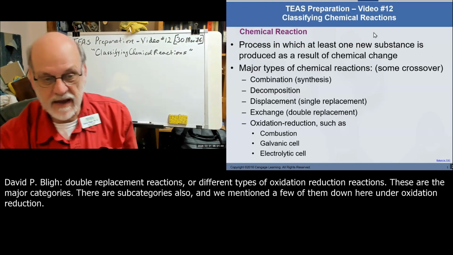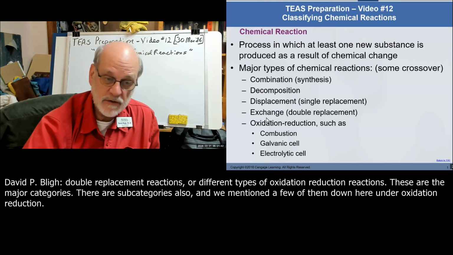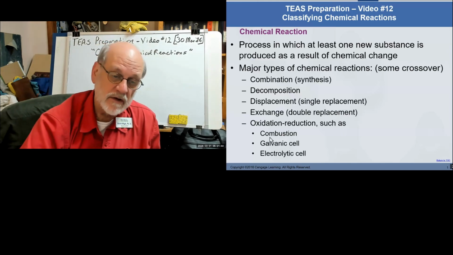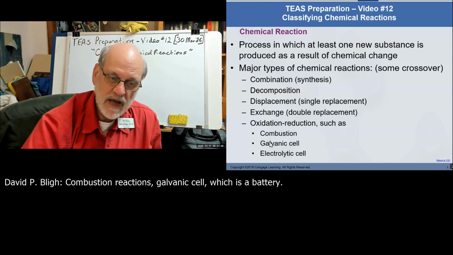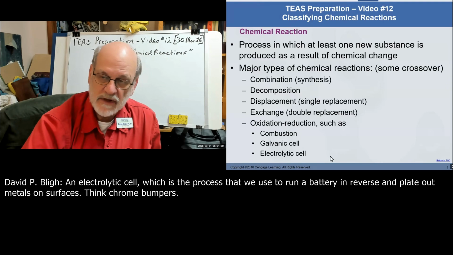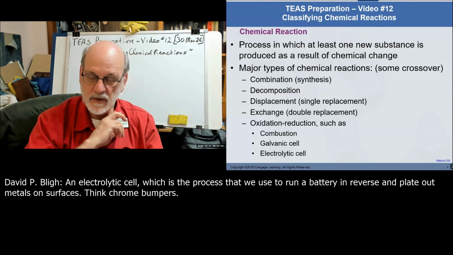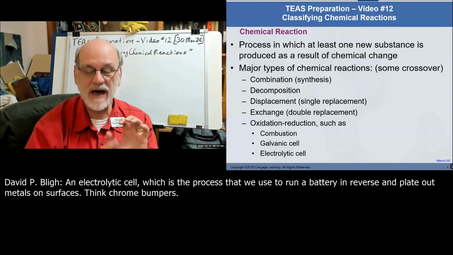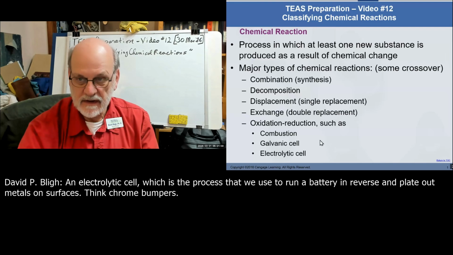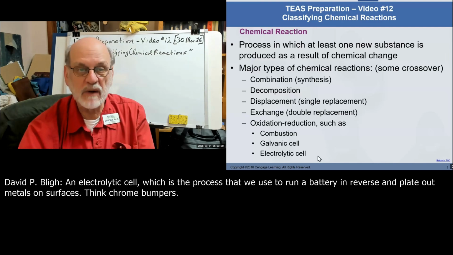There are subcategories also, and we mentioned a few of them down here under oxidation reduction: combustion reactions, galvanic cell, which is a battery, an electrolytic cell, which is the process that we use to run a battery in reverse and plate out metals on surfaces. Think chromed bumpers.